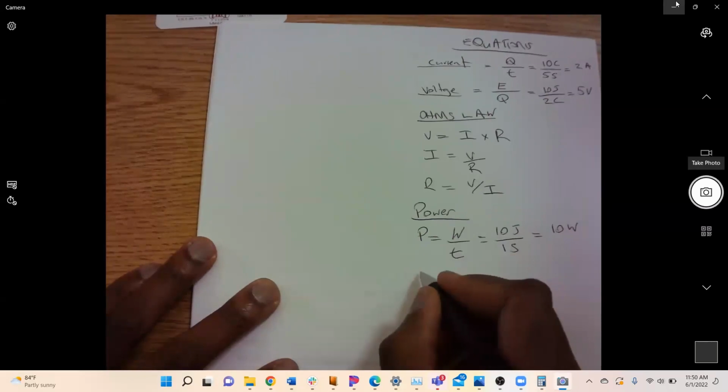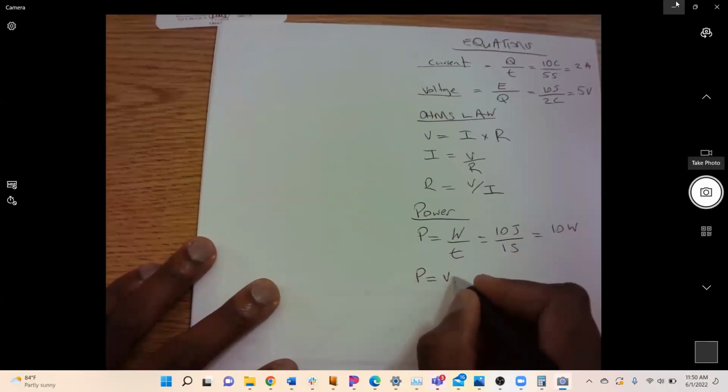And as we said, the other way we can calculate power is voltage times current.